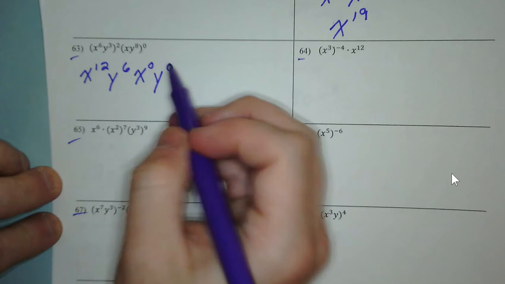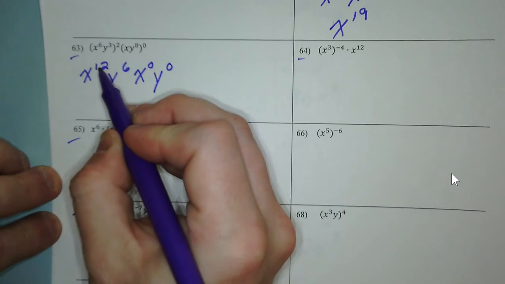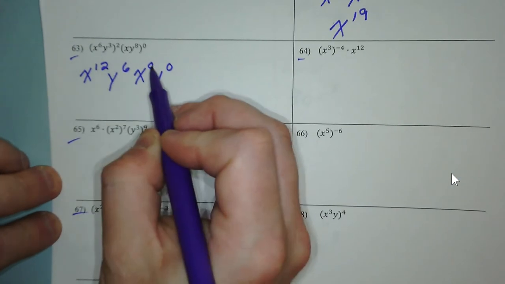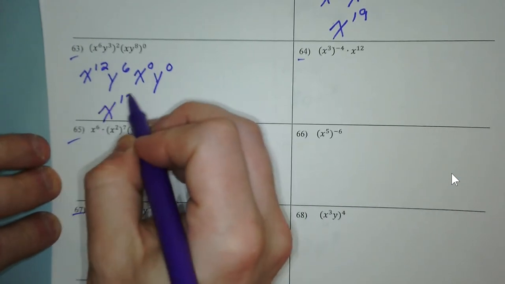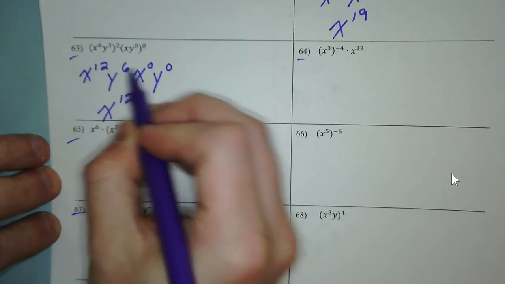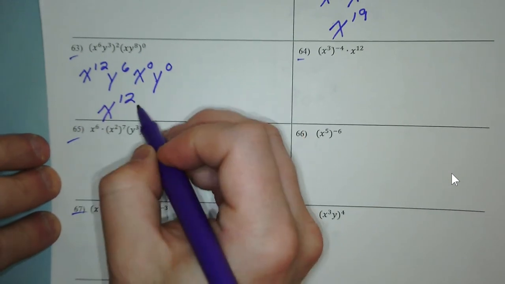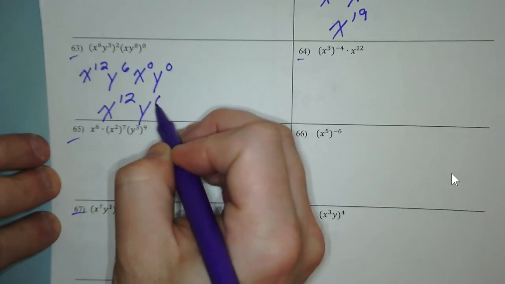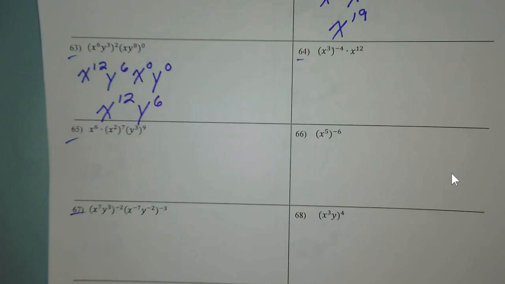And then you add the powers. It'd be 12 plus 0 and 6 plus 0. So that would be the final answer to number 63.